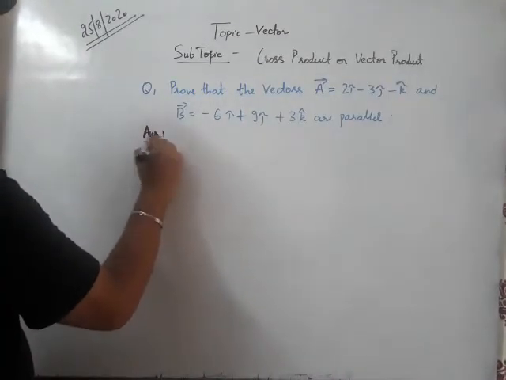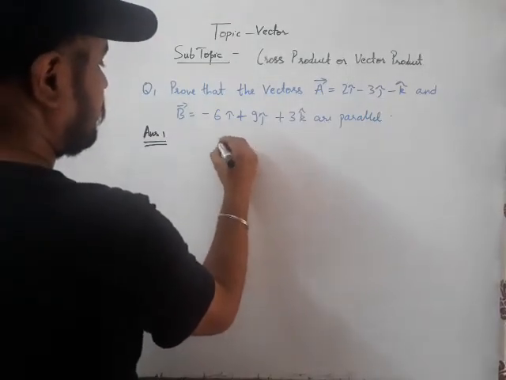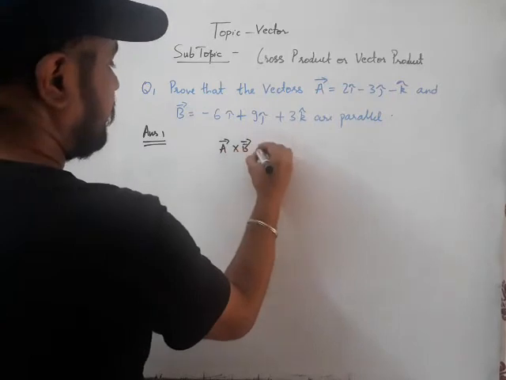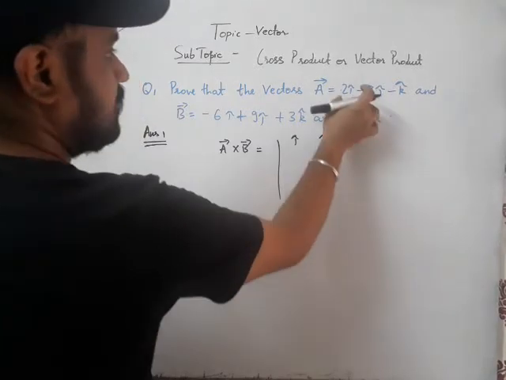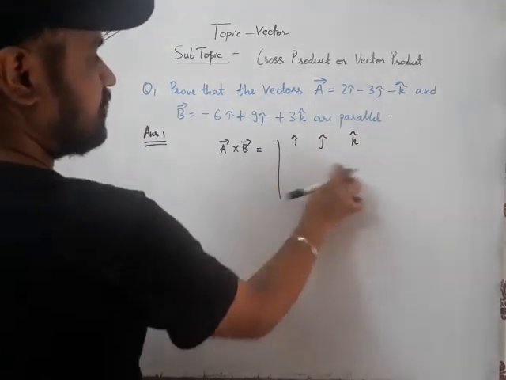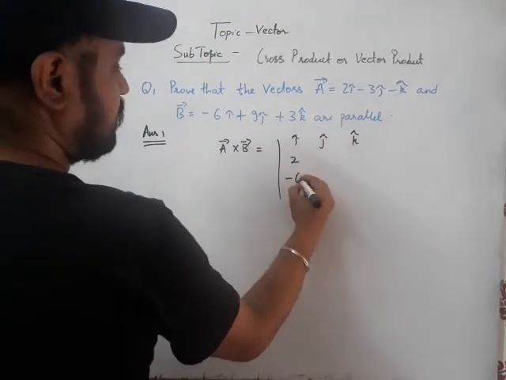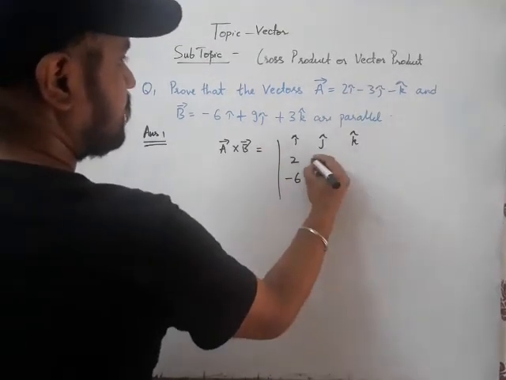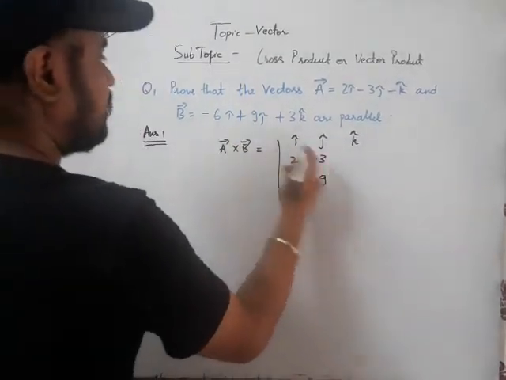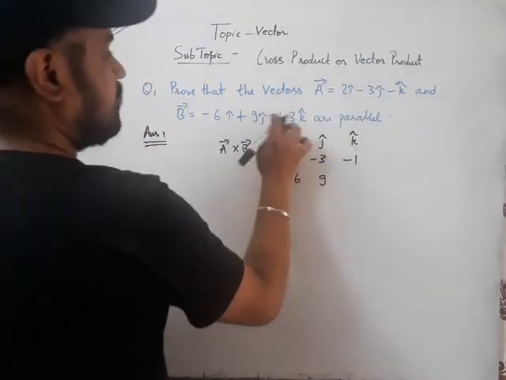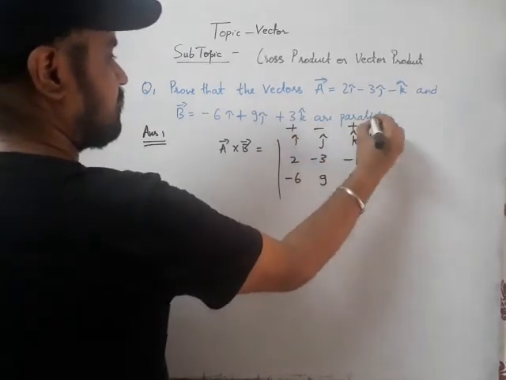For finding this out, we will be writing A cross B in the matrix form: I cap, J cap, K cap. Over here the coefficients of the respective components: 2 over here and minus 6 over here, minus 3, that is the coefficient of J in A vector and coefficient of J in B vector, and now minus 1 over here and 3 over here, and writing the signs plus minus plus.